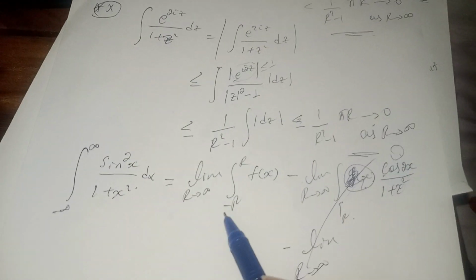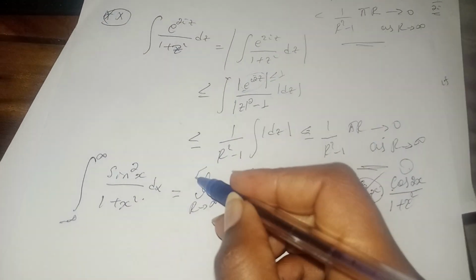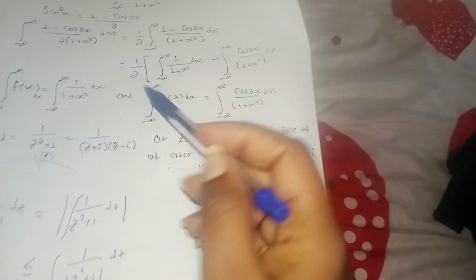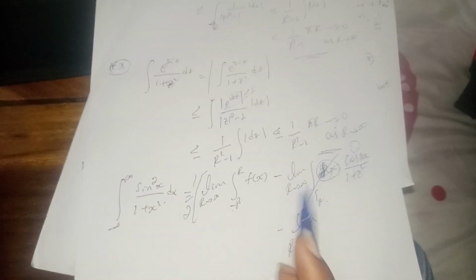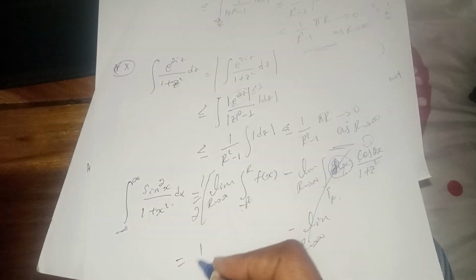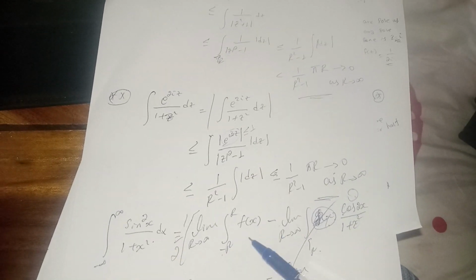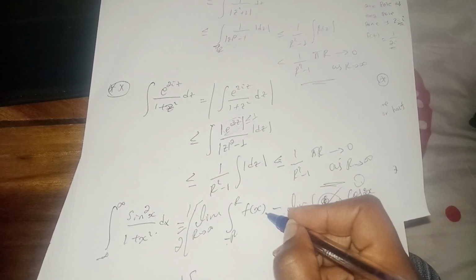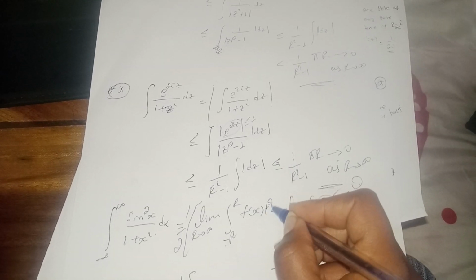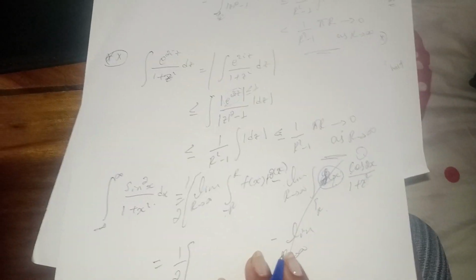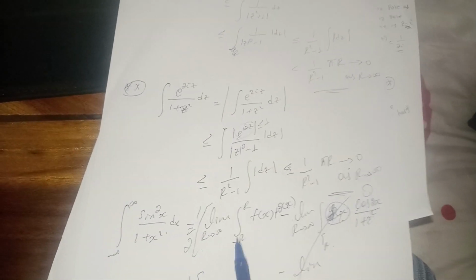So finally, this is 0, and what remains is the coefficient 1 over 2 from the previous one. So this equals 1 over 2 times the sum of the limits of the given functions f and g, as r tends to infinity.